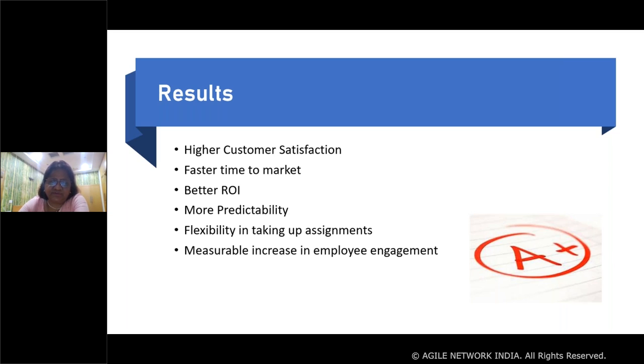And also the customer now interacts with us regularly. He provides us feedback on which assignments we should take up, and he also listens to the team if they have any feedback to provide. And also the employees have become more engaged.